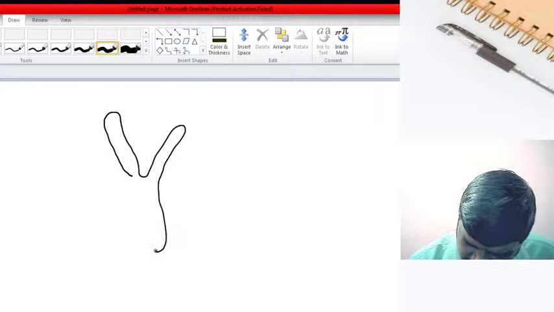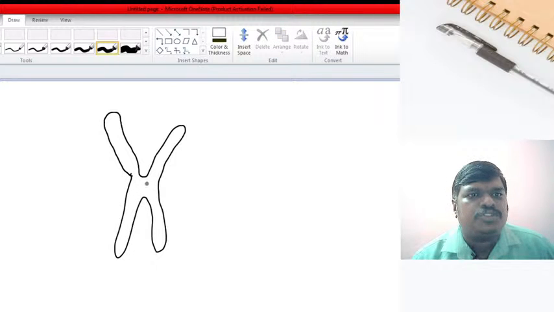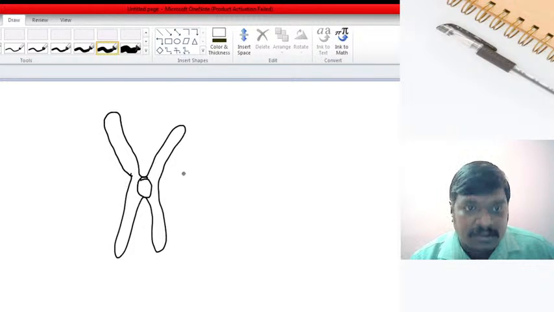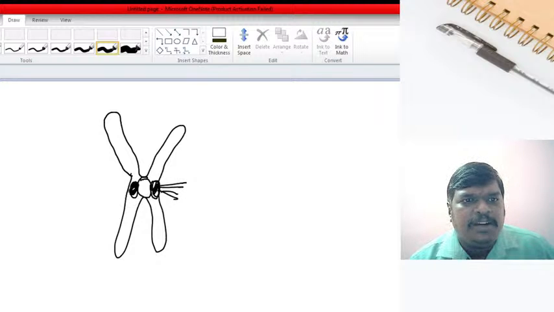This is a typical structure of a chromosome. This point is called the centromere, and the kinetochores are here. This is the region where the spindle fibers attach, and from the centriole the spindle fibers are formed.